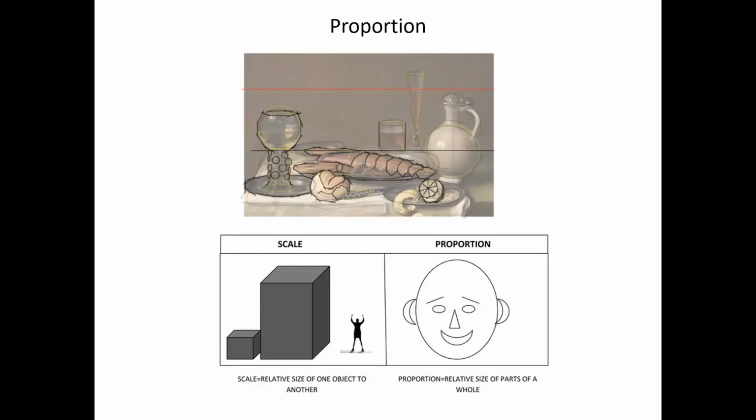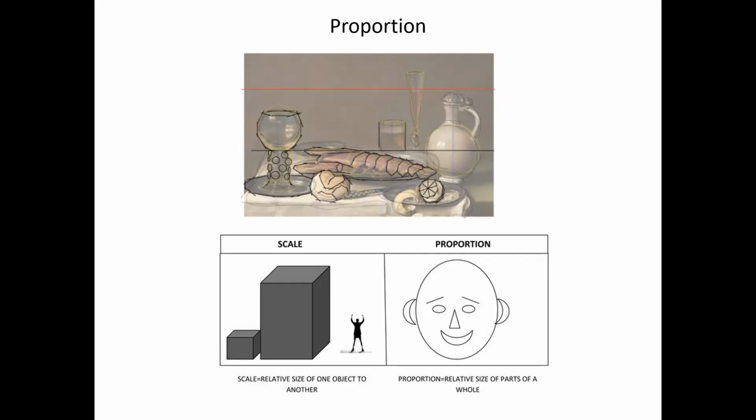Another term that you've already heard me mention a couple of times that is really important to drawing from observation is proportion. There are two different terms that hang out in this realm of proportion that we can get confused about, so I want to have them out here very clearly. A lot of times when we say proportion, sometimes we're thinking of actual scale.